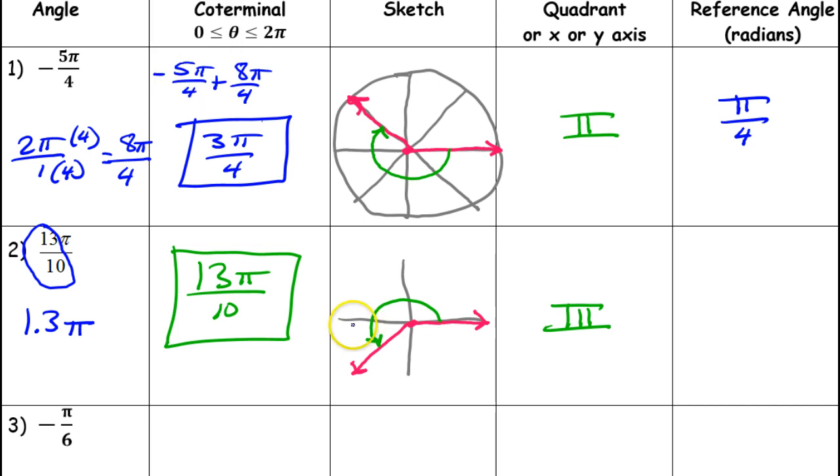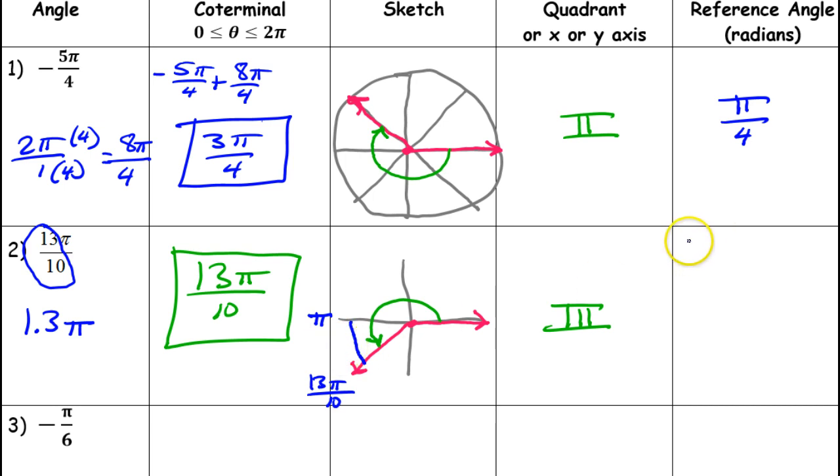Now, the reference angle is this angle right here, between the x-axis and the terminal side. So we can find that by doing a subtraction problem. Right here is pi, and the angle itself is at 13 pi over 10. So my reference angle is between these two.